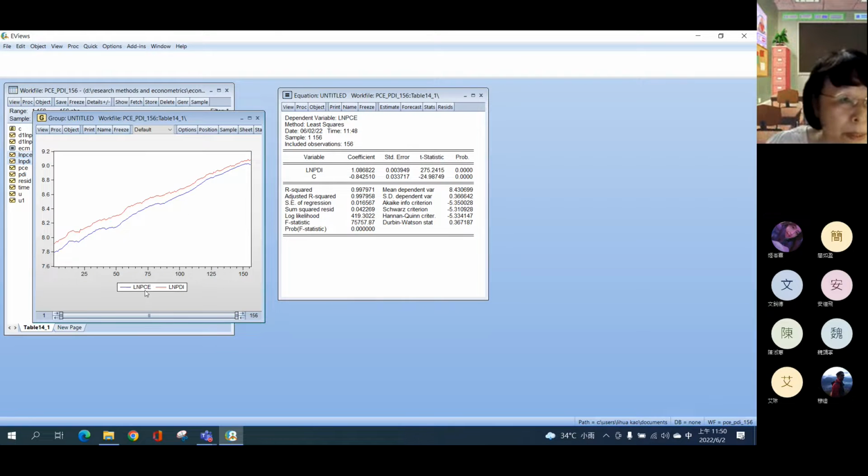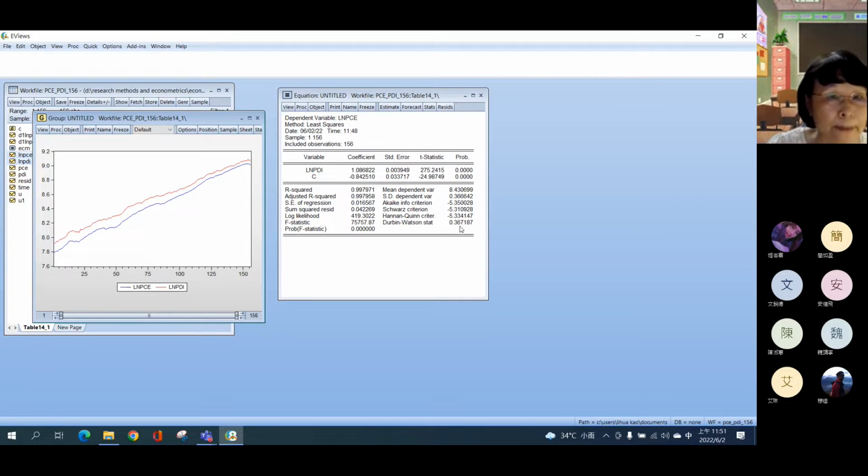This is LMPCE and LMPDI. They all trend up. The blue one is LMPCE, the red one is LMPDI. They trend up, so both of them are stochastic trend series. And with the Durbin-Watson statistic, this really suffers from first order autocorrelation.